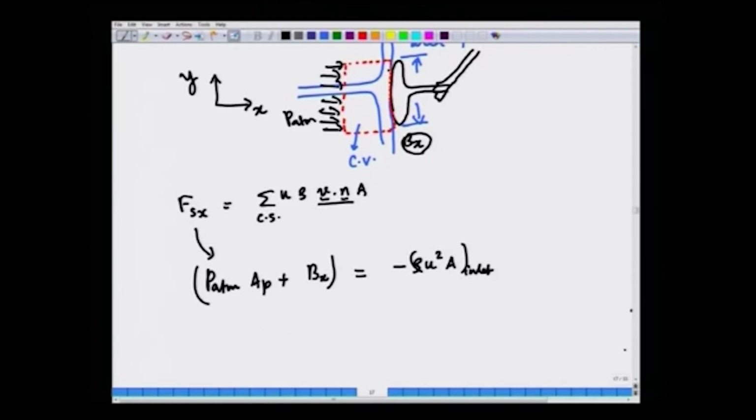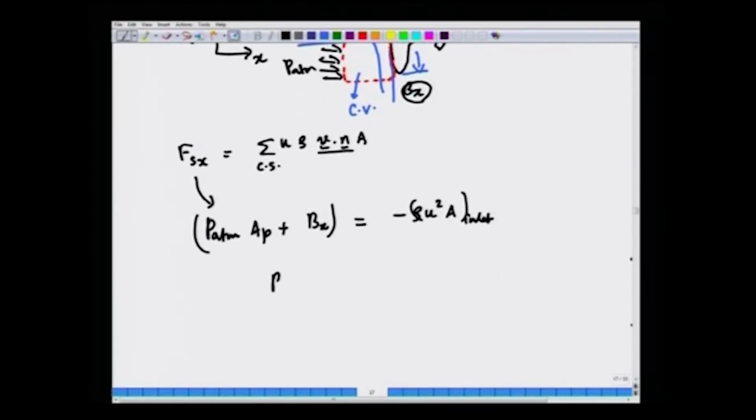Now, the question that we want to answer is, what is the force felt by your hand. So, let us first eliminate Bx from here, it is rho u squared A inlet minus P atmosphere times AP.